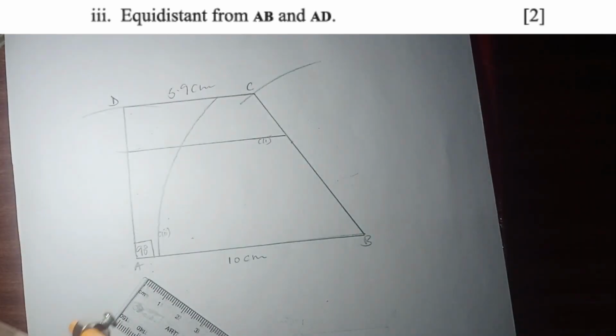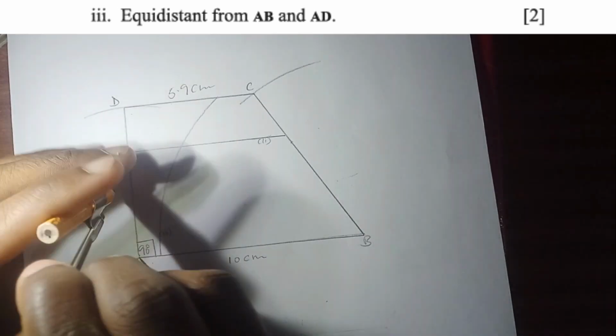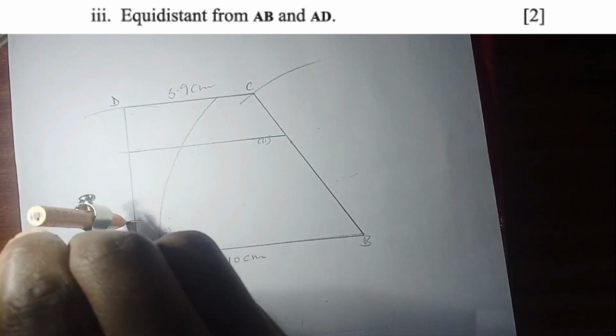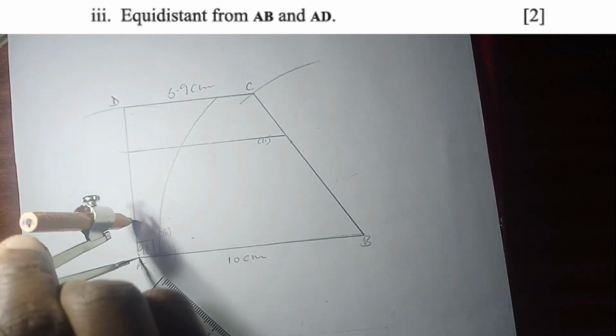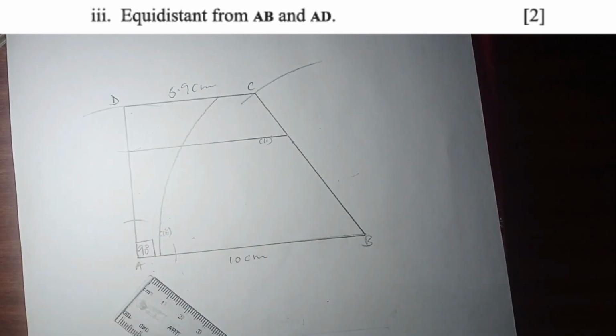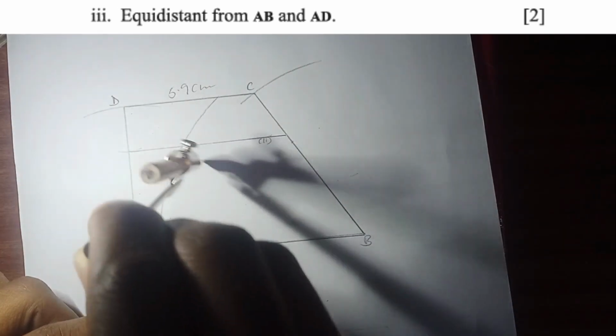Then we're going to create two arcs along these two lines. These two arcs are where our compass will be placed. Using these two arcs, you place one of your compass legs there, then you create an arc like so.